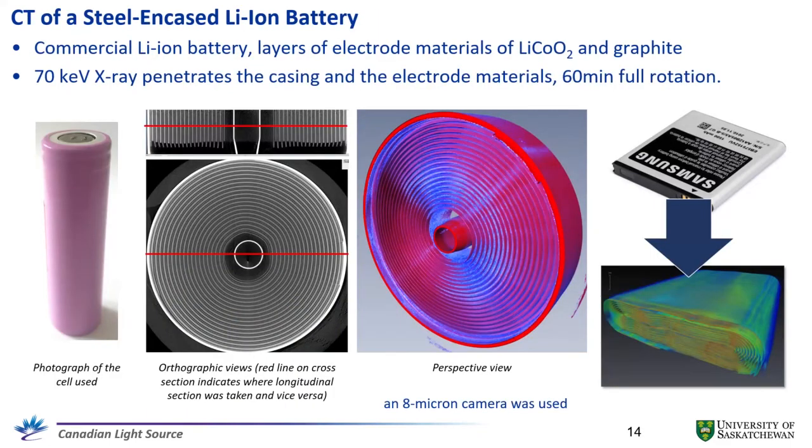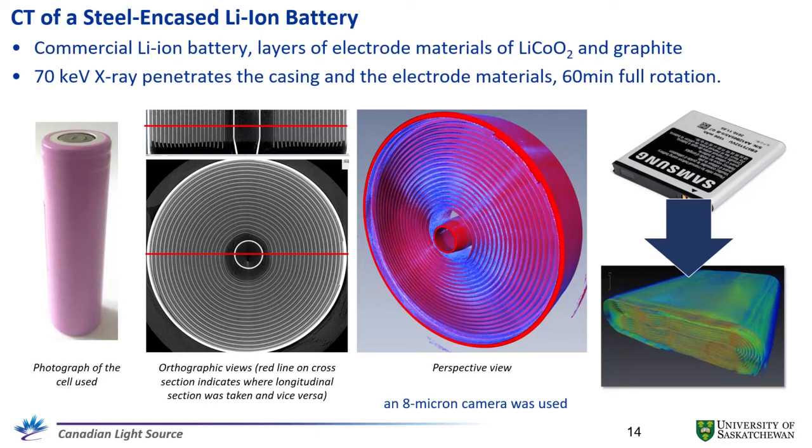This one is where we use synchrotron CT to look at the inside of a lithium battery. You probably know that inside the electrical car, there are thousands of this type of cylindrical battery, and some of them failed, some of them last longer.